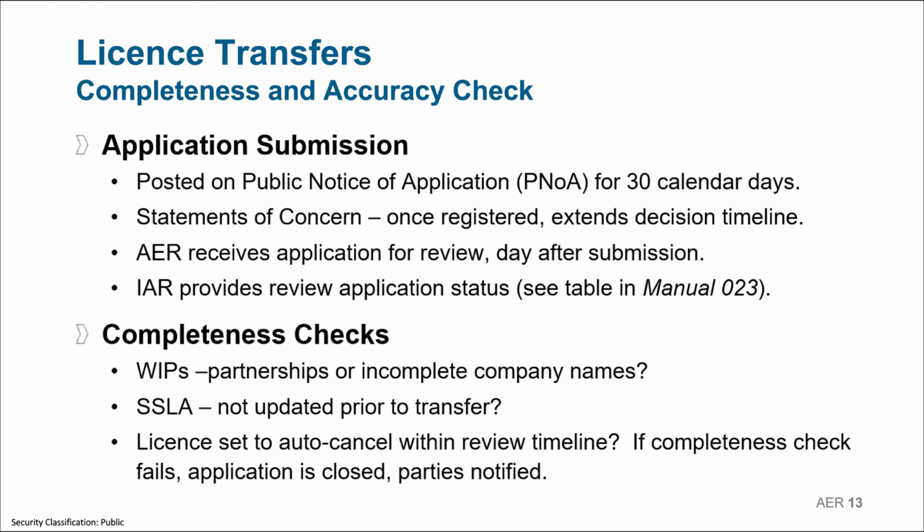Once closed, the applicant can resubmit a new application with corrections. Licensees are required to update WIP information through OneStop using the bulk upload functionality. If an application fails the completeness test, it will be closed and both parties will be notified.